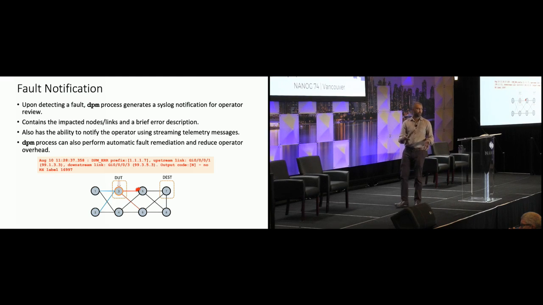And we can also have a remediation action, because once we know all this information, we have effectively isolated the fault in the device. We know what's going wrong with which prefix, what are the nodes, and what are the links involved. And then based on the error description, we can know that, okay, maybe it's an unlabeled packet. Maybe in this case, the next hop is not being sent correctly. Maybe one of the devices is running slow. So we can take a remediation action. Let's say reroute the traffic, or reinstall the forwarding entry, etc. And then we will try to avoid the fault as well.